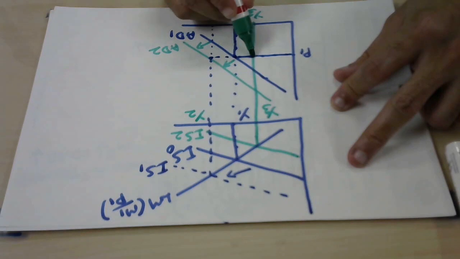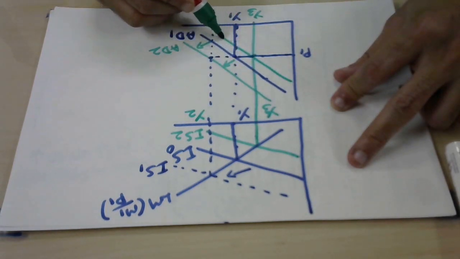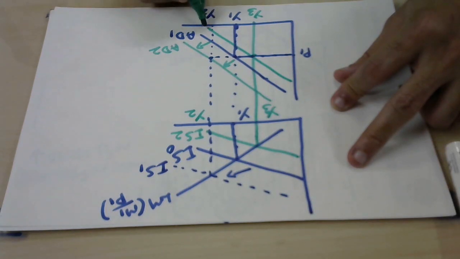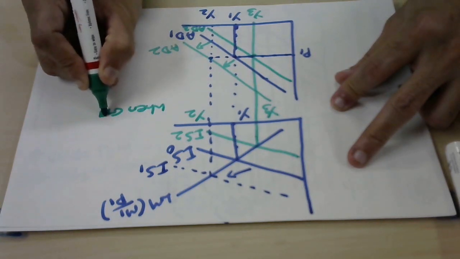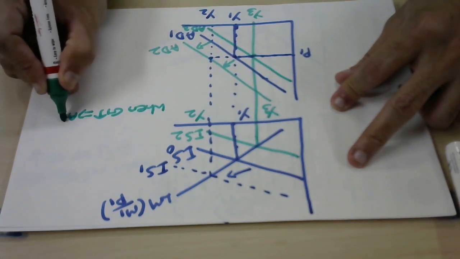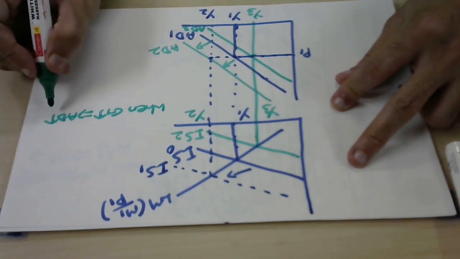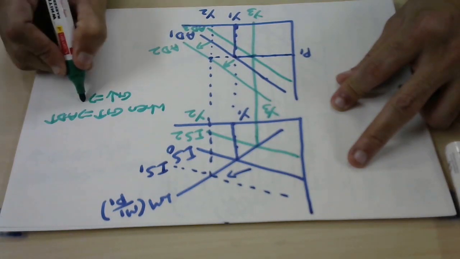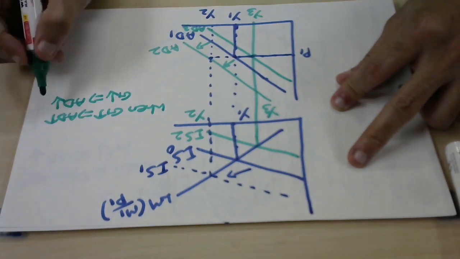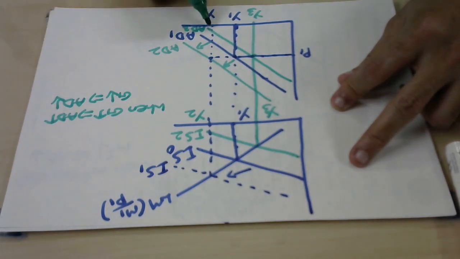Now the same old price level corresponds to the aggregate demand curve AD3. So when G increases, AD shifts to the right and becomes AD2. When G falls, there is a leftward shift of the aggregate demand curve, which we show through a downward arrow, and it becomes AD3.